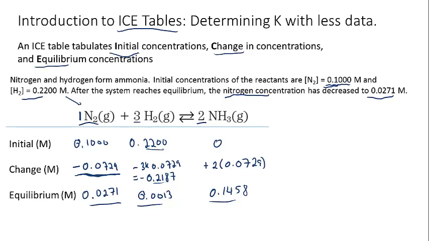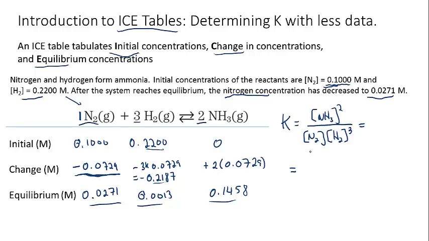So let's go ahead then and write our equilibrium expression K. It's going to equal the concentration of NH3 squared over the concentration of N2 times the concentration of H2 cubed. And we put in our values for that.